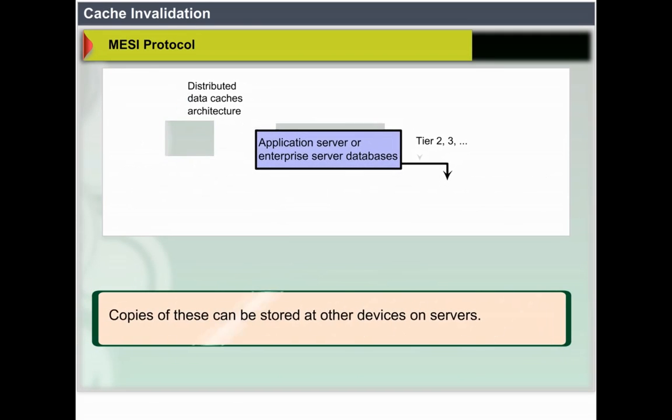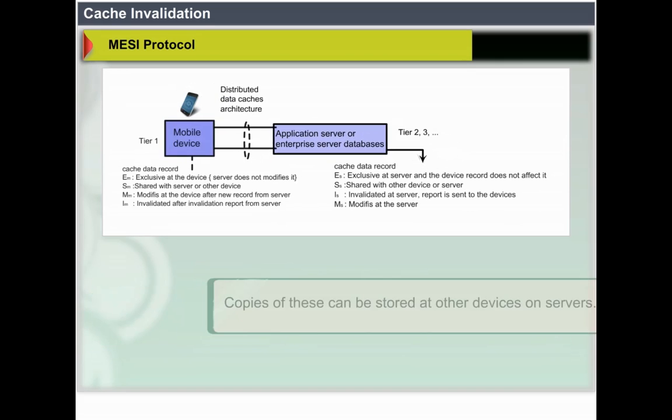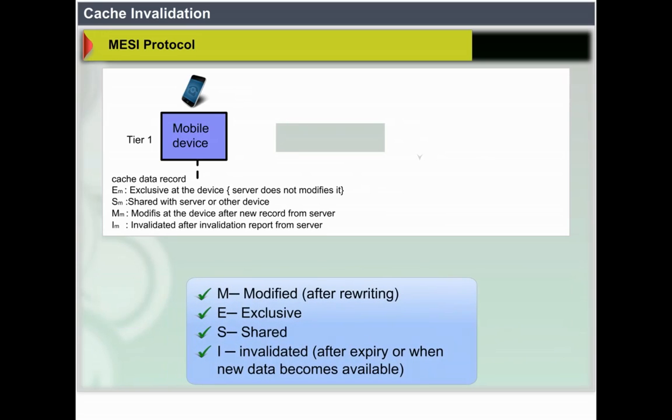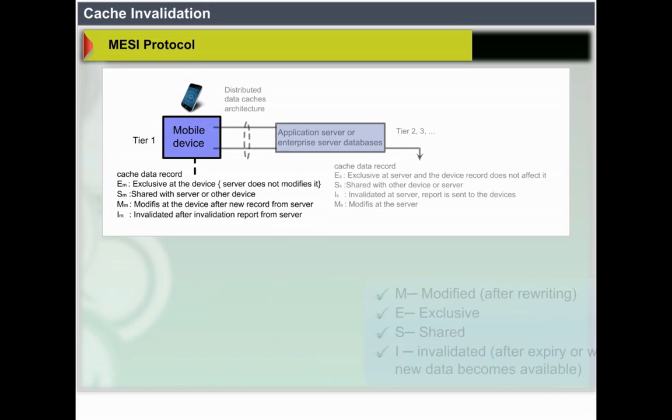Copies of these can be stored at other devices on servers. Cache at mobile devices or server databases can be assigned one of four possible tags indicating the state. M: Modified after rewriting. E: Exclusive. S: Shared. I: Invalidated after expiry or when new data becomes available.